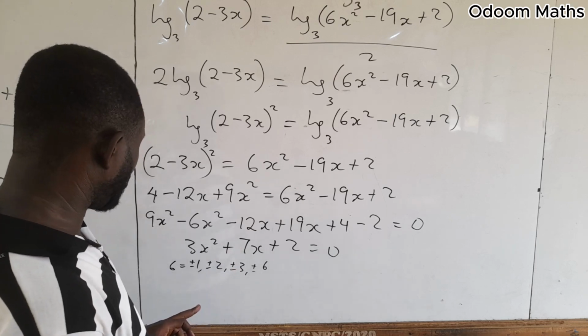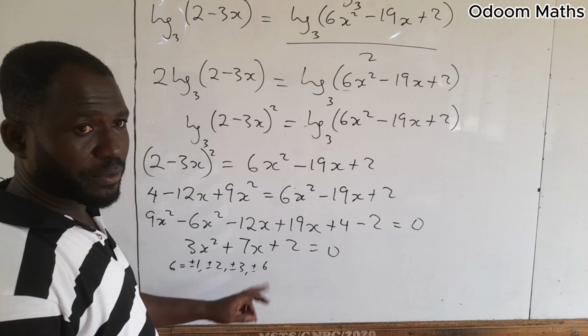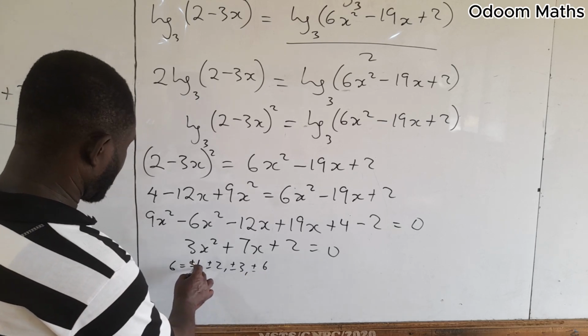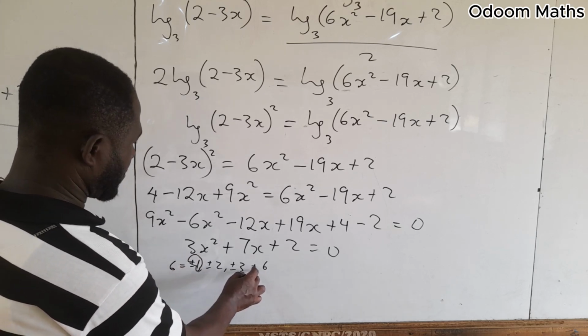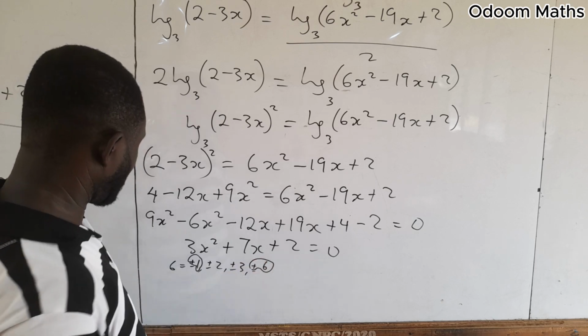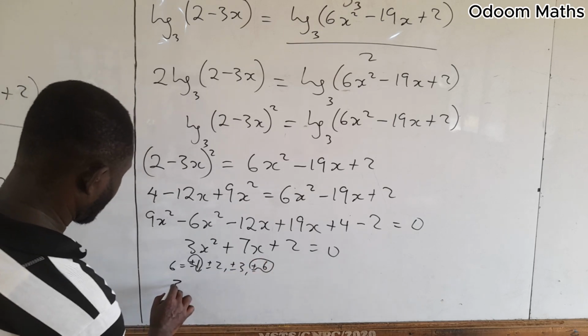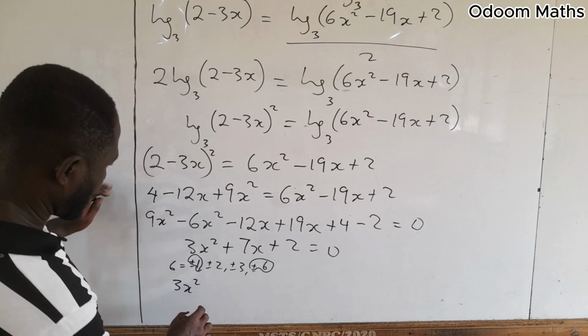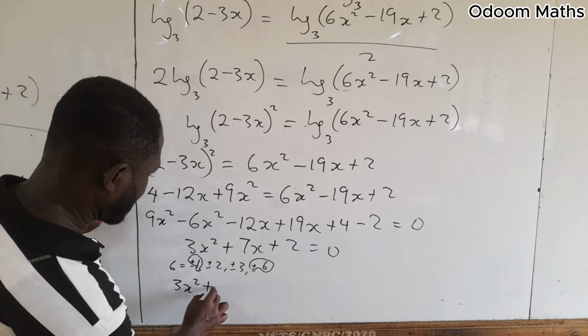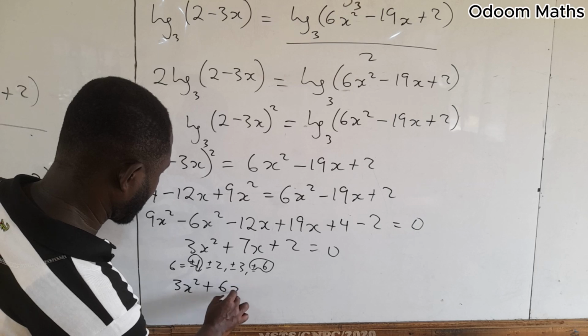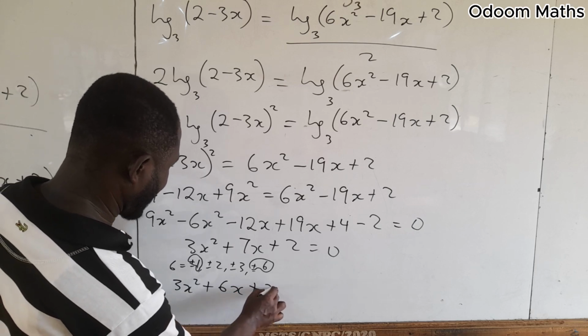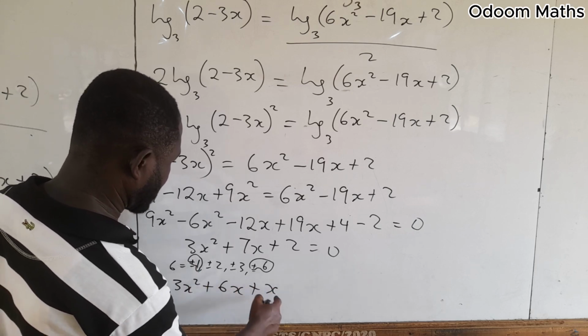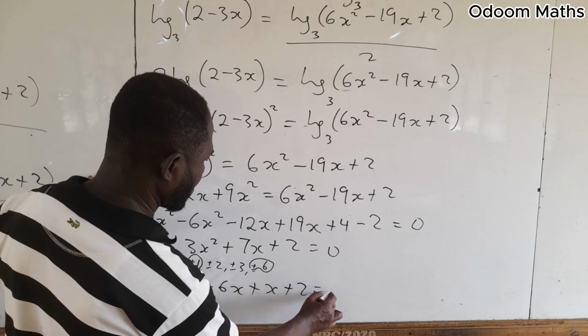So it means I need to choose positive 1 and then positive 6. So I'm choosing positive 1 and then positive 6. Okay, so 3x squared plus 6x plus x, that is 1x, plus 2 equals 0.